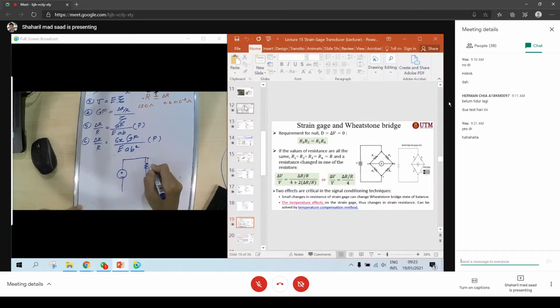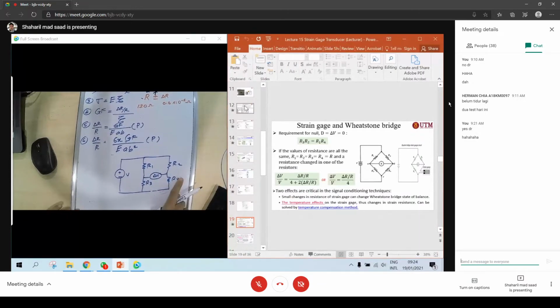So this one, and this one, and this one. Delta V, R1, R2, in this case R2, R3, and this one is R4. What happens is you apply the strain gauge here, so we can put it in R4.